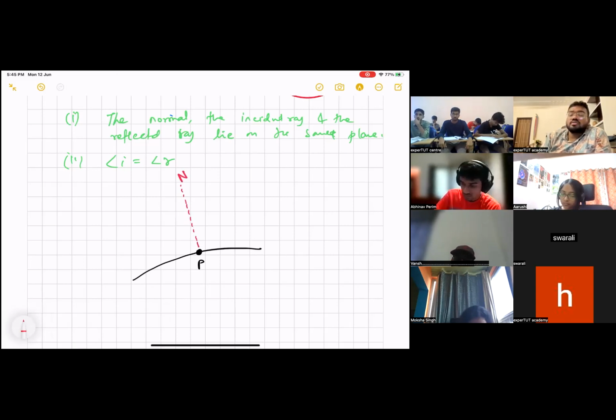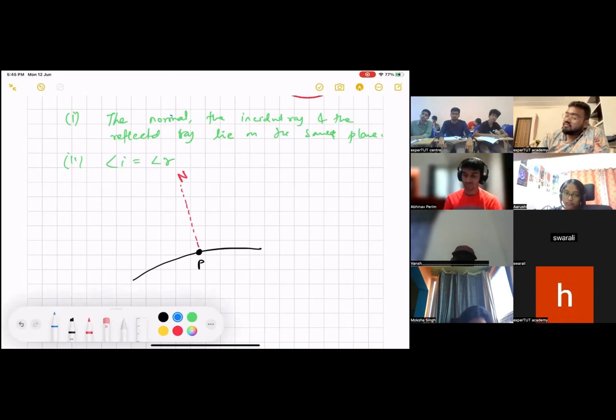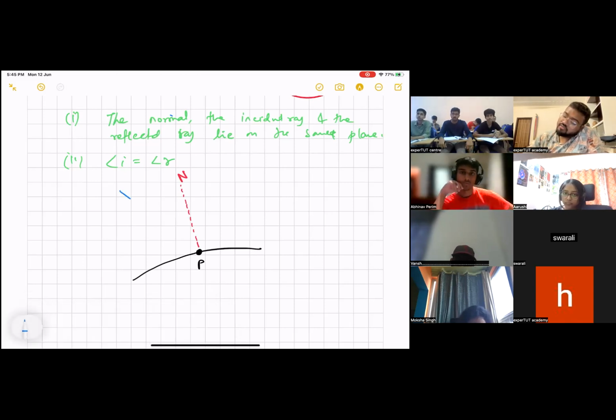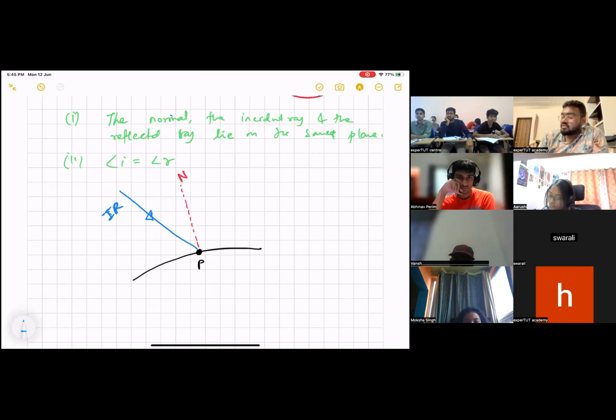The incident ray is a light ray which comes to the point P. So this is the incident ray. I'm calling it IR, incident ray. The light is coming like this.